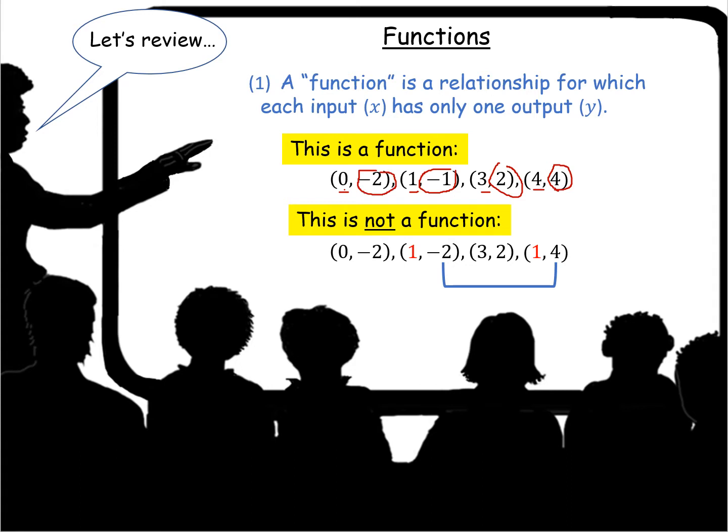This is not a function. And let's look at why. You do have your x inputs, but you notice that there's two of the same x value, and they correspond to two different y values. So that is not a function.